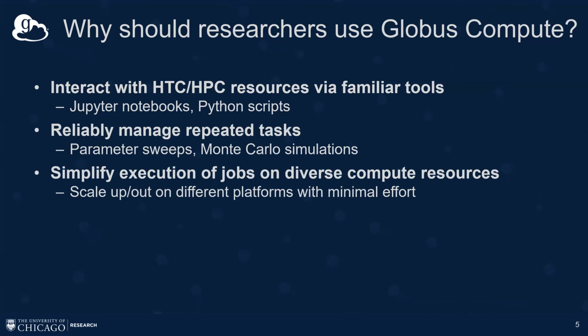If you have access to multiple computing resources, great. You can run things on all of them. You can scale out. You debug on your laptop. You send the big thing to a leadership class machine and everything in between.